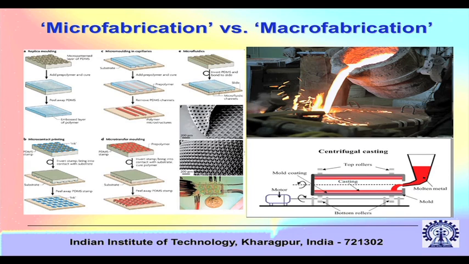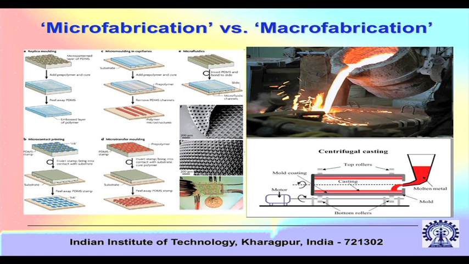So, microfabrication versus macrofabrication. Many of you have a background in mechanical engineering, so you have ideas of classical macro scale manufacturing processes like casting, welding, forming and so on.